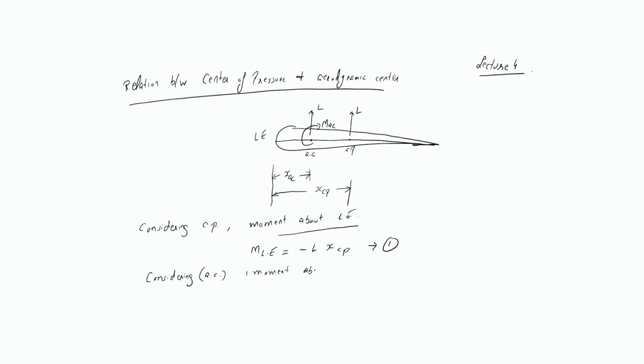So now the moment about the leading edge equals minus L into XAC, this is the distance, plus this time there will also be a moment about the aerodynamic center, moment about aerodynamic center. Let us consider this as equation 2.